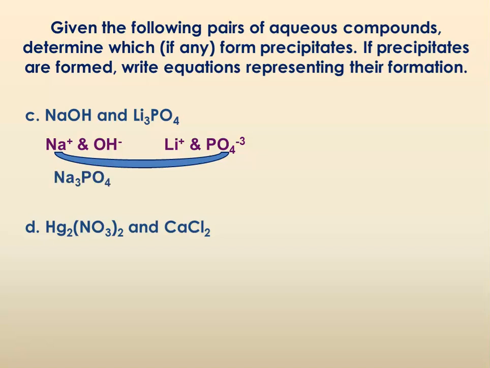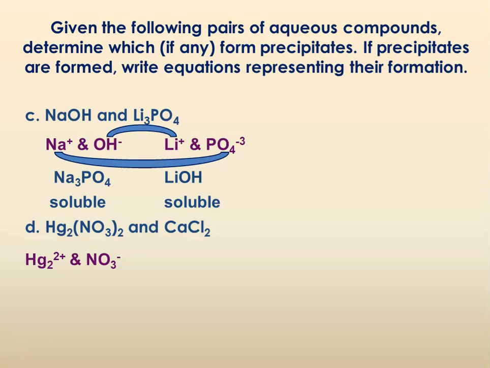It's an alkali metal, so it's always going to be soluble, even if it's paired with a super insoluble anion, phosphate. And lithium's going to go off with hydroxide, and we see that when that forms, you have an alkali metal with a hydroxide, so that too would be soluble. In this particular scenario, because you started with two alkali metals, you have no chance of forming a precipitate, and so you don't have an equation to write. There was no precipitate that formed.